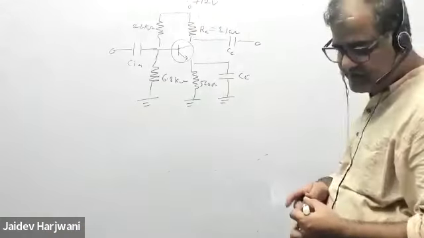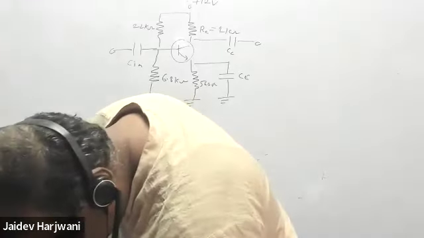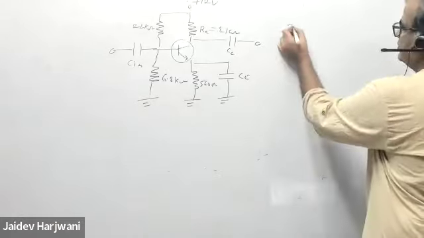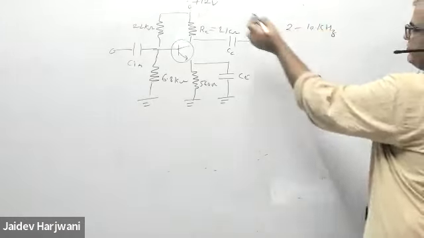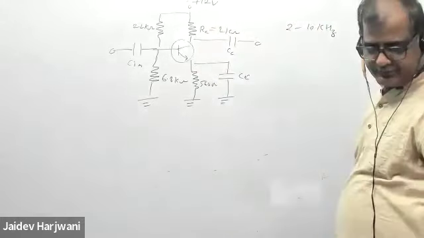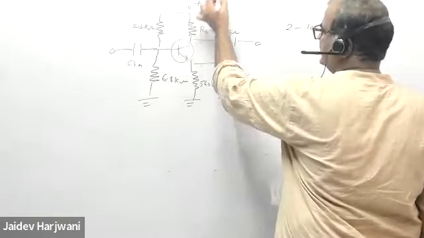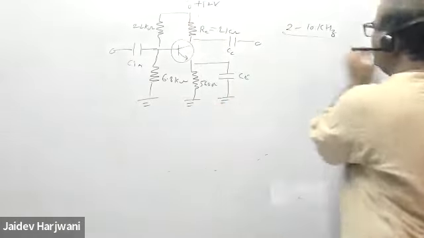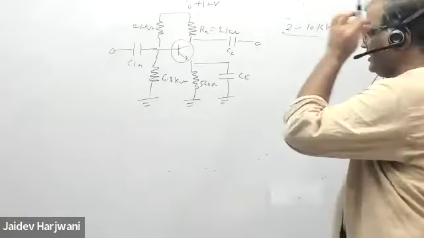What is the frequency range? Frequency range is from 2 kilohertz to 10 kilohertz. This frequency should pass. You should get the gain for all these frequencies at least, and this is my minimum frequency.